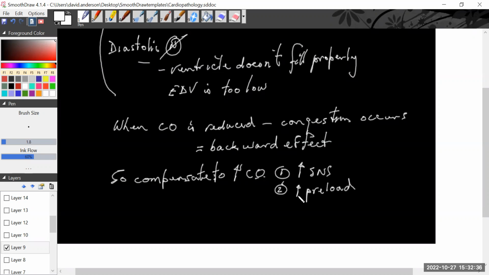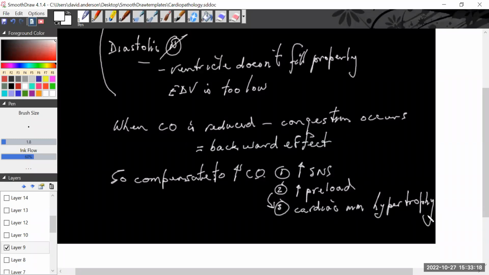And when we increase preload, we're probably going to see, so this one leads to the other, cardiac muscle hypertrophy. So we're going to see these kinds of changes in the heart in response to this poor cardiac output. We're attempting to improve the cardiac output, and ultimately it becomes detrimental.